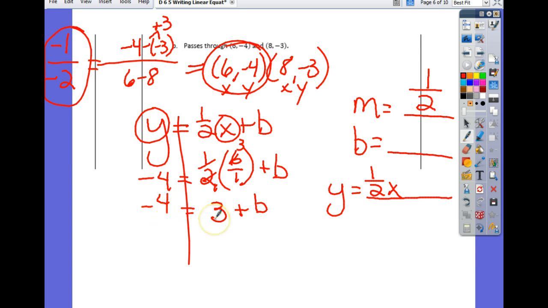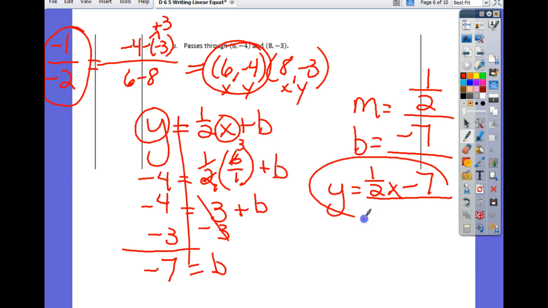What's my inverse to a plus 3? It's a positive 3. What do I have to do? Subtract 3 from both sides. What does b equal? Fight or unite? Negative 4, negative 3. Fight or unite? Unite. Unite and get a negative 7. So y equals 1/2 x minus 7 is your final equation.